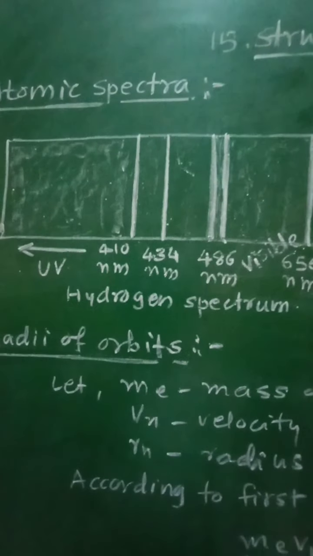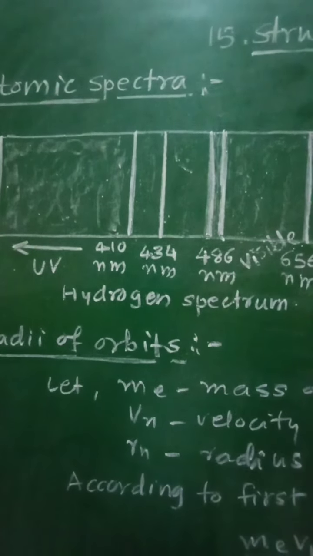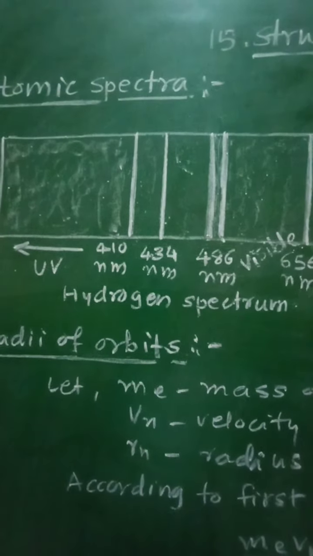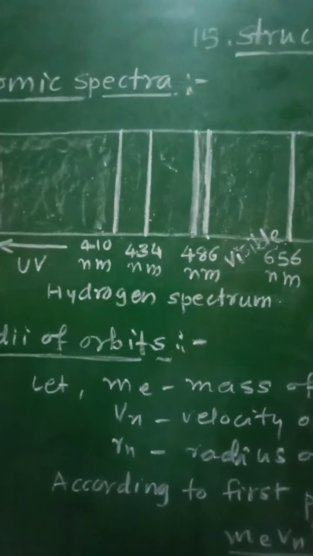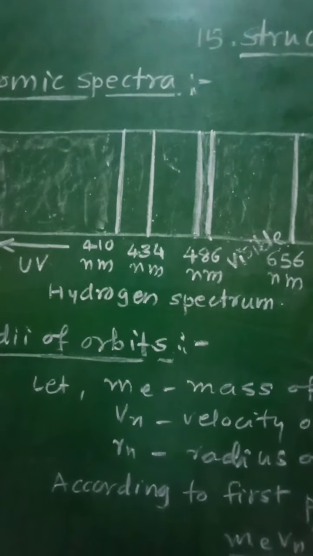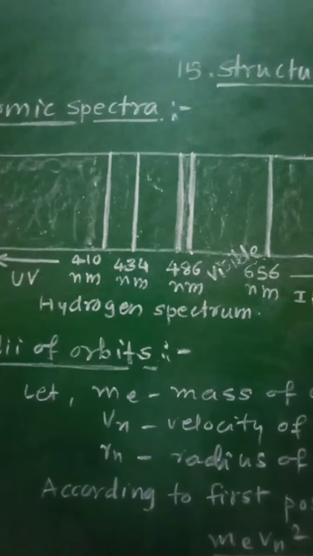In case of hydrogen gas, these series are Lyman series, Balmer series, Paschen series, Brackett series, and Pfund series.